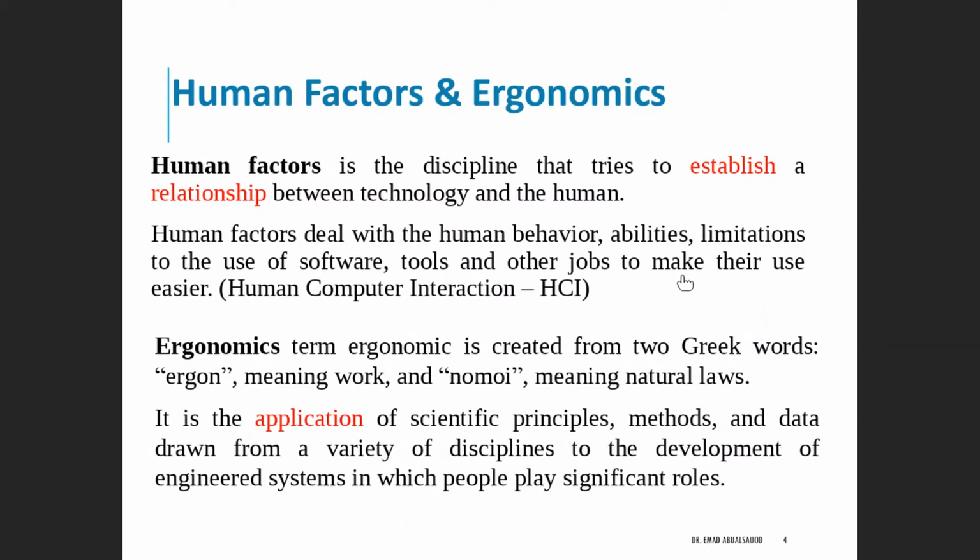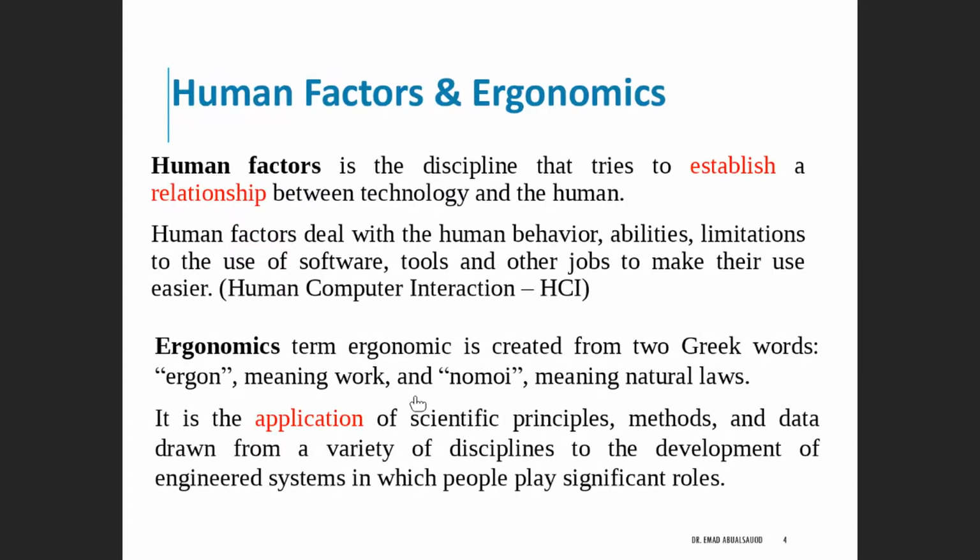Whereas ergonomics is very related to this concept, but slightly different, though both of them work together. The word ergonomics is a term created from 2 Greek words, ergon and nomi. Ergon means work, and nomi means natural laws, so it is the laws of work.